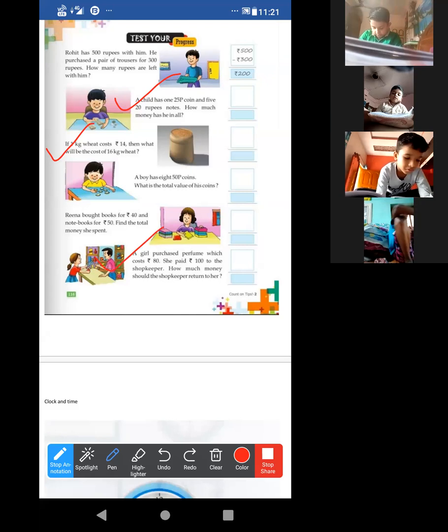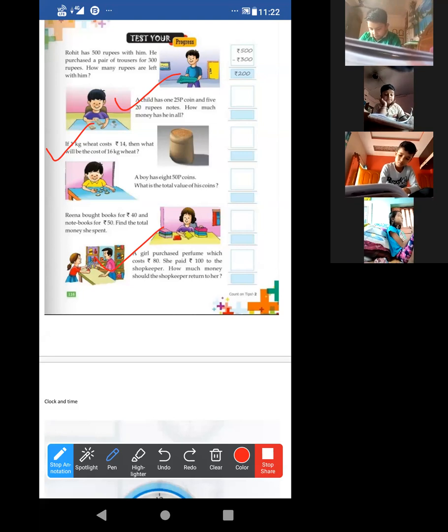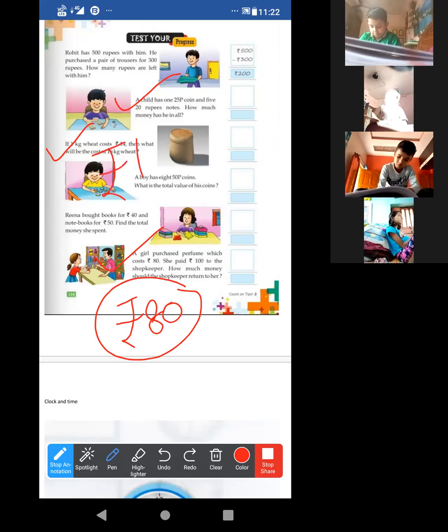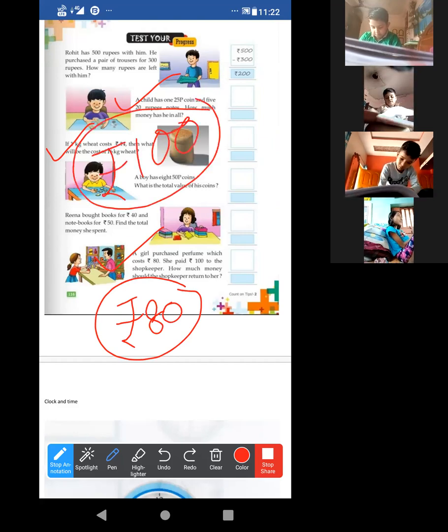Let me do the last one. A girl purchased perfume which cost rupees 80. She paid rupees 100 to the shopkeeper. Okay, that means she purchased a perfume, but that cost rupees 80. And the girl gave to the shopkeeper rupees 100, but is 100 the cost of that perfume?